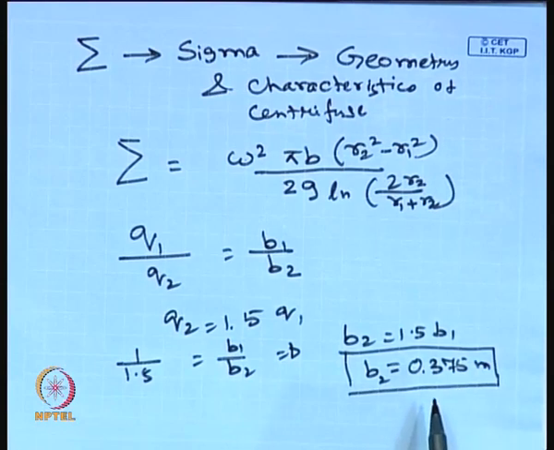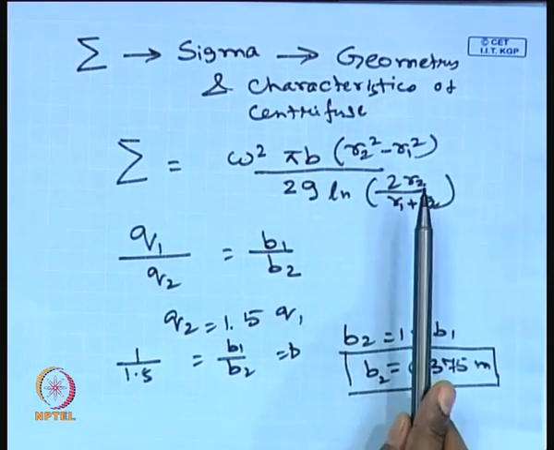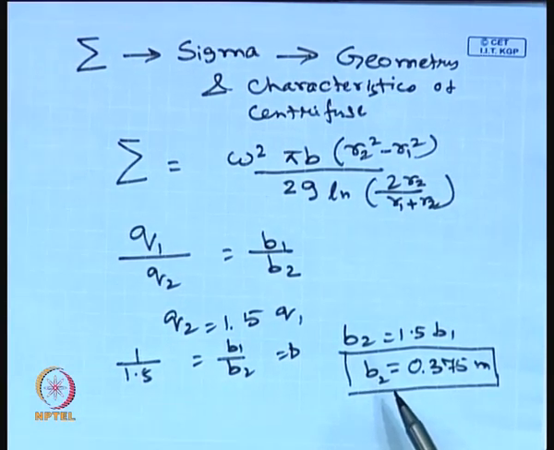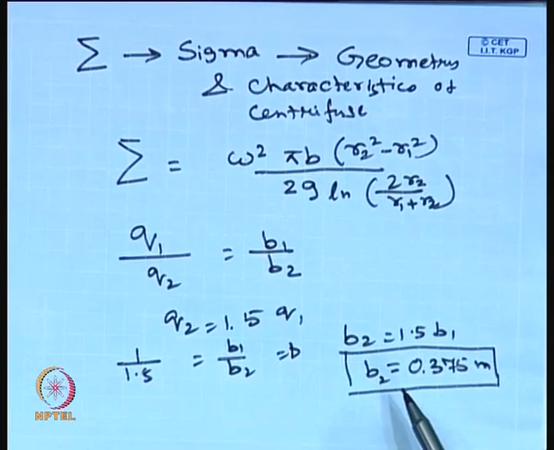So, if you select a centrifuge of the same R1 and R2, but with a length of 0.375 meter, then it can handle a flow rate which is 1.5 times the flow rate of the earlier centrifuge. Now, this example gives an idea how to scale up various geometrical parameters of the centrifuge.